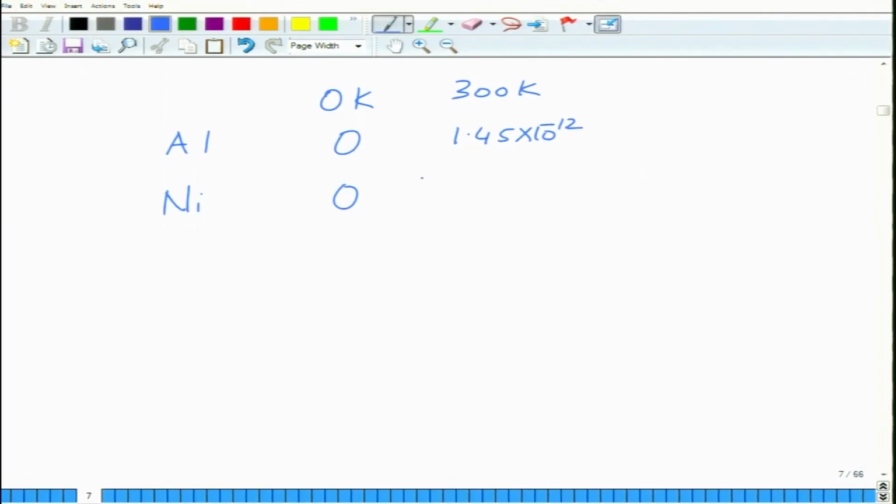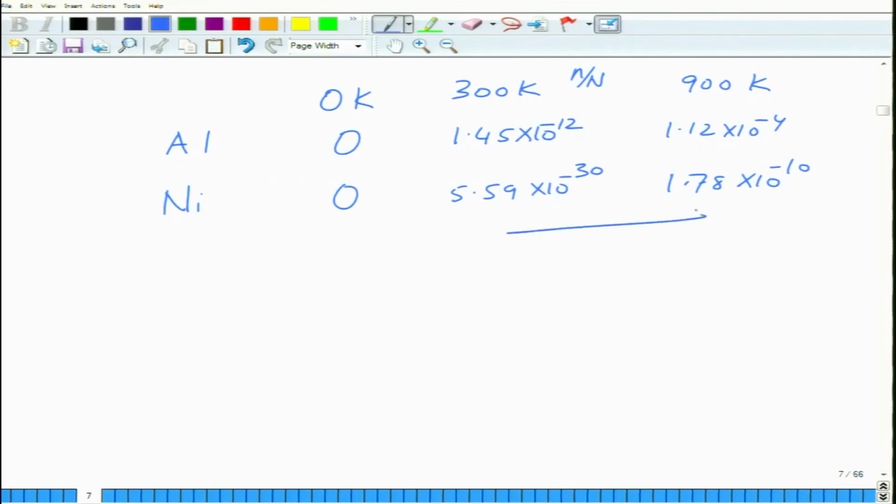So, this is basically n divided by N. And for nickel this happens to be 5.59 into 10 to the power minus 30, and at 900 Kelvin this happens to be 1.12 into 10 to the power minus 4, and for nickel 1.78 into 10 to the power minus 10. So, you can see that as the temperature is increasing, there is an exponential increase.